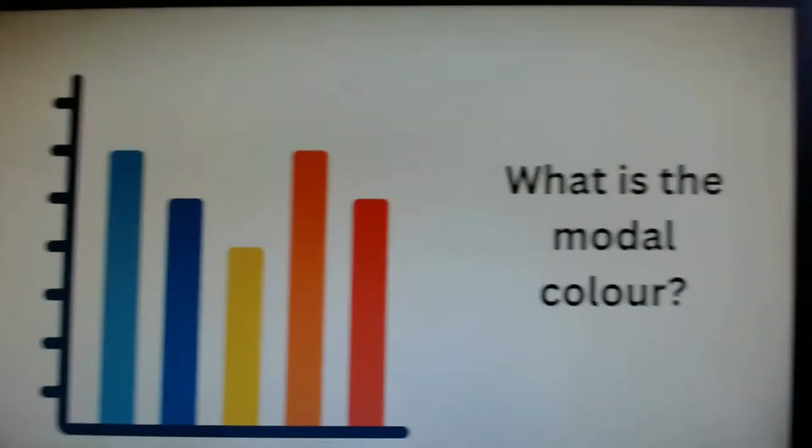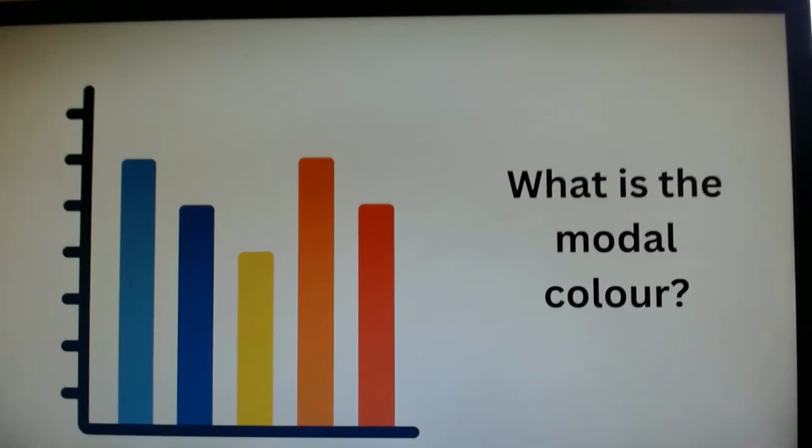Okay, so this is the first question. What is the modal colour on that bar chart? Don't worry if it's blue or light blue so much.